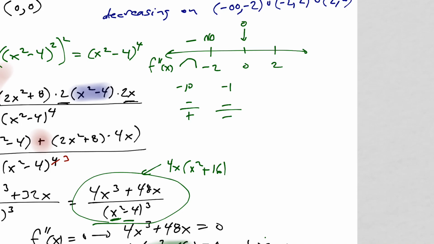So the denominator is also negative, so it's positive overall. So it's concave up. When we cross over 0, the numerator now is positive and the denominator is negative. So it's negative overall and concave down. And finally, for a value like 10, the top and the bottom are both positive. So it's concave up.